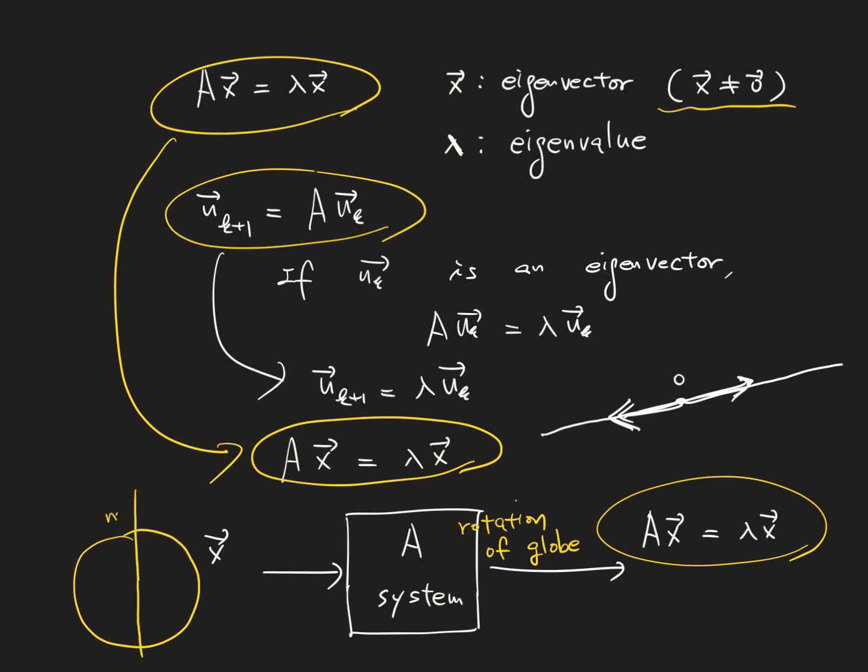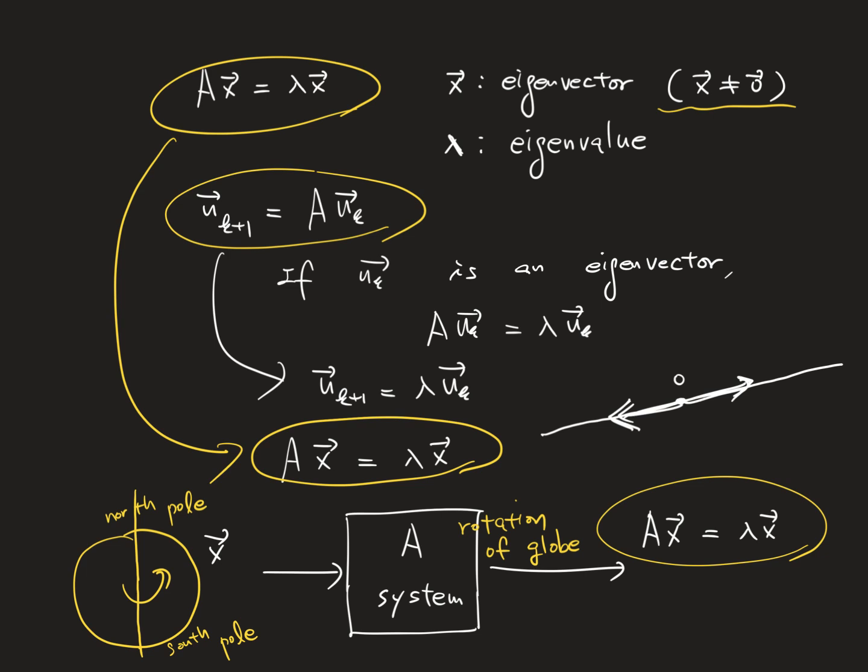This is the north pole, and this is the south pole. This is the Earth rotation. And in this case, we could say A is just a rotation operator.